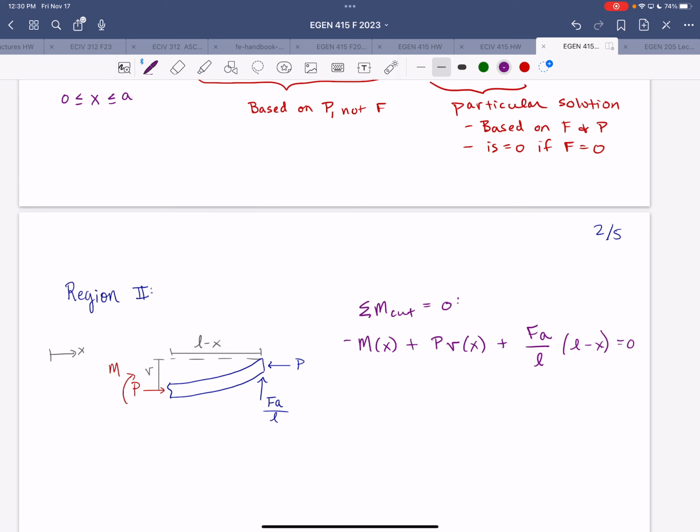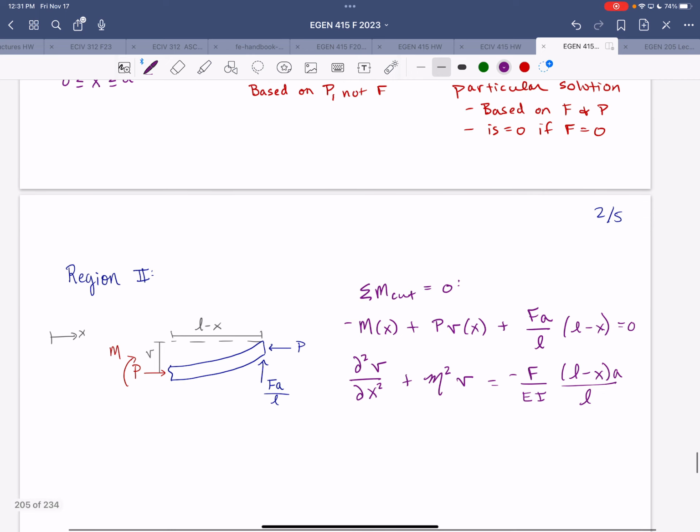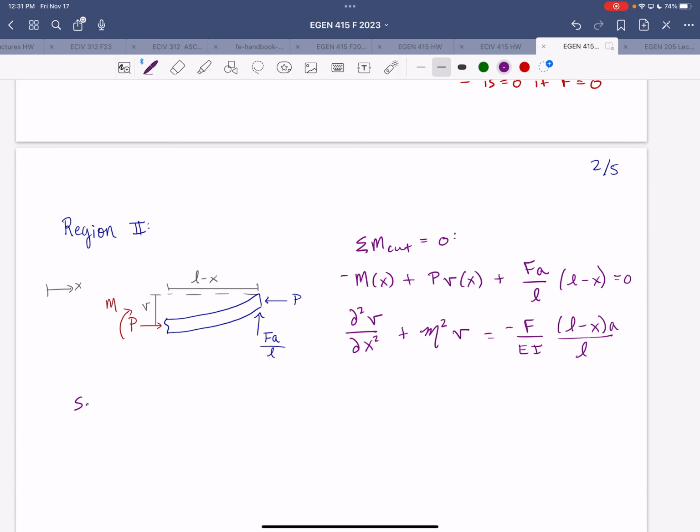Making the same substitutions as before, we have the second derivative of v with respect to x plus m squared times v is equal to negative F over EI times the quantity (L minus x) times a divided by L. So it's slightly different from the region 1 equation.